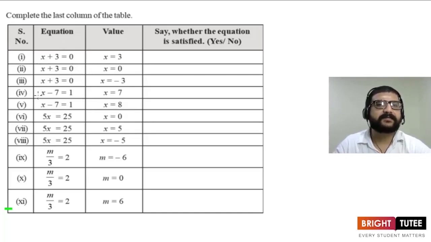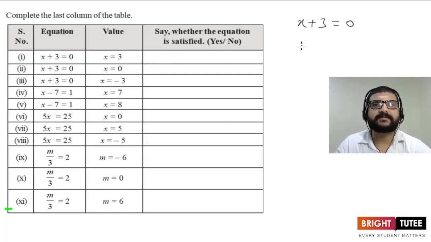So let's start with the first question. The first question here is x plus 3 is equal to 0, and the value of x is given as 3. Let's substitute the value of x as 3 in this equation.